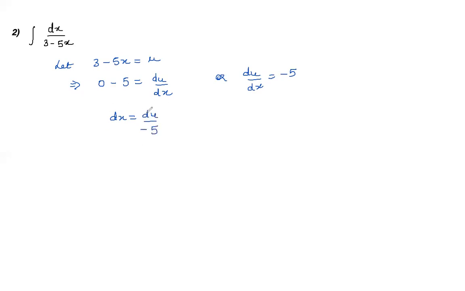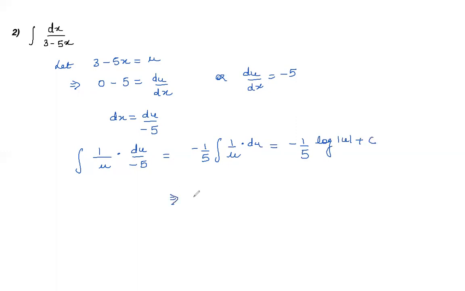Now I'll put all the values in the question above. It would be 1 upon 3 minus 5x as u, and dx is du upon minus 5. I take this constant quantity outside the integration, so it would be minus 1 upon 5 times the integration of 1 upon u du, that is equal to minus 1 upon 5 log u plus c.